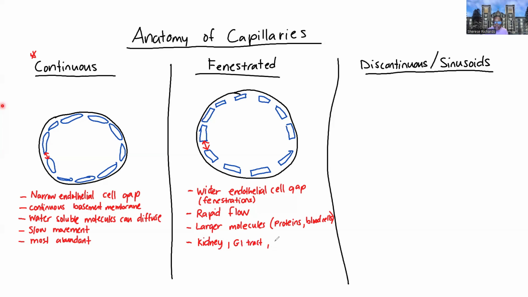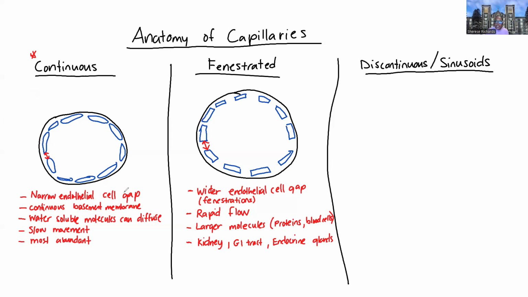So this is really important in endocrine hormone transport, so endocrine glands. Okay, this is how thyroid hormone gets released. LH, FSH, most of our endocrine hormones have to be able to pass through these fenestrations. Okay, so kidney, GI tract, endocrine.